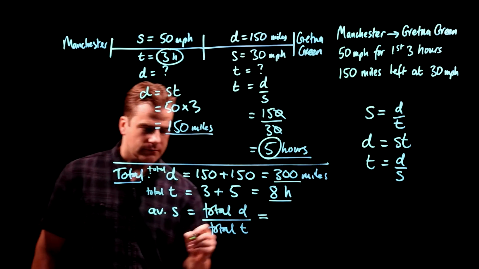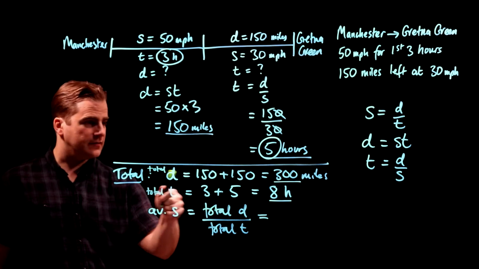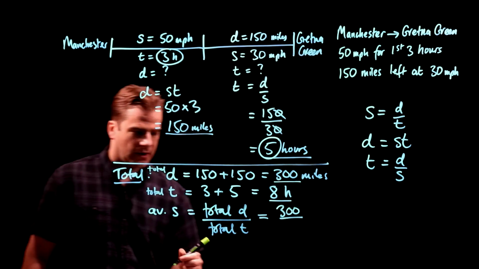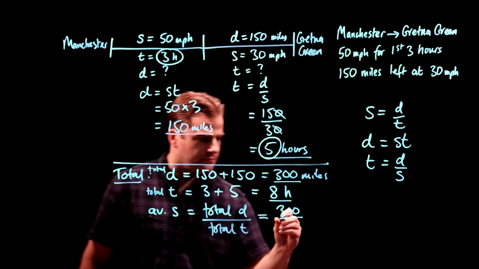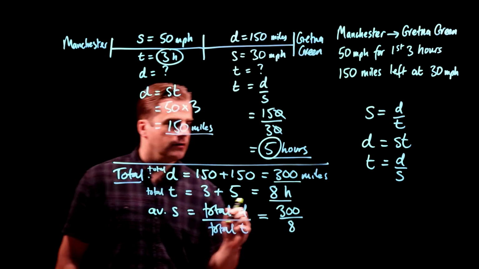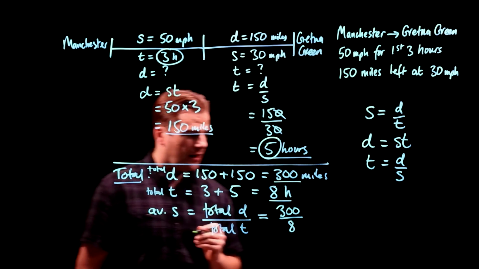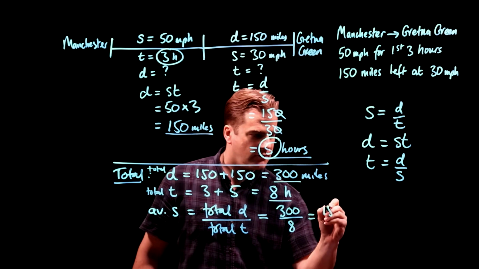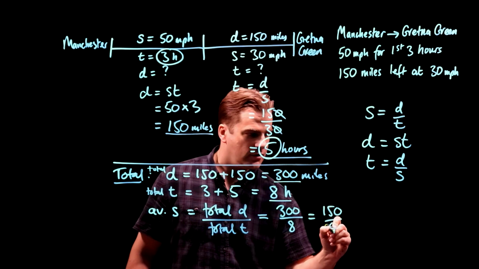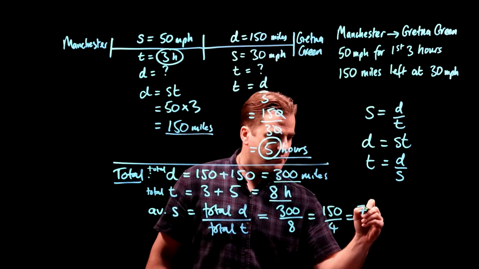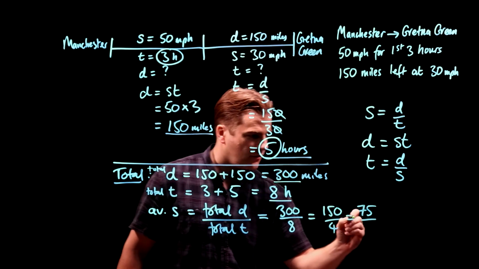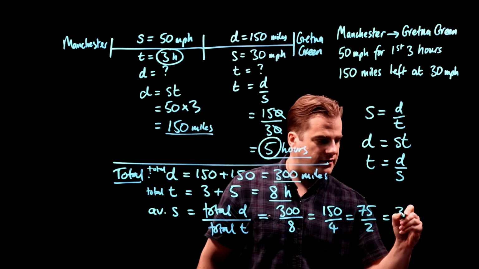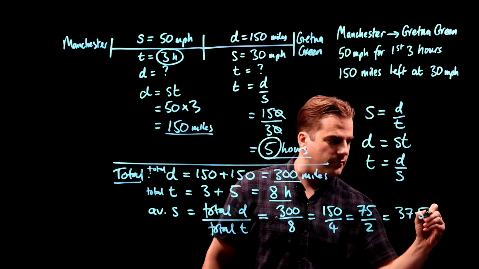So, average speed, total distance, 300. Total time, 8. Okay, so 300 divided by 8. Divide top and bottom by 2, that's the same as 150 over 4, which again divide top and bottom by 2 is 75 over 2, which is 37.5 miles an hour.